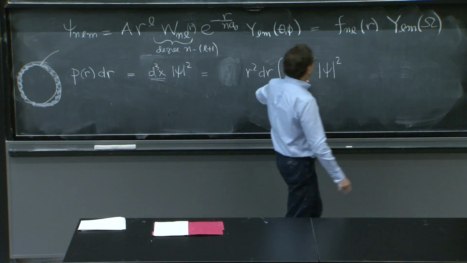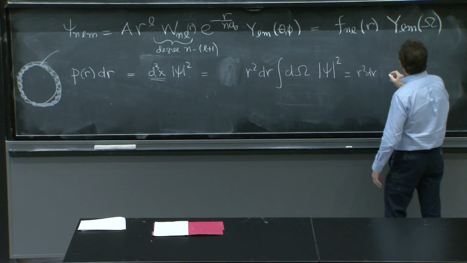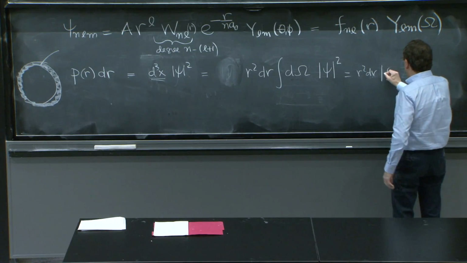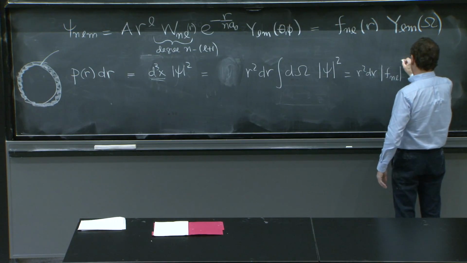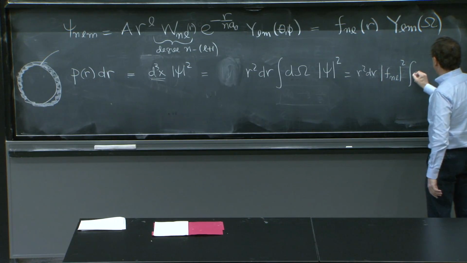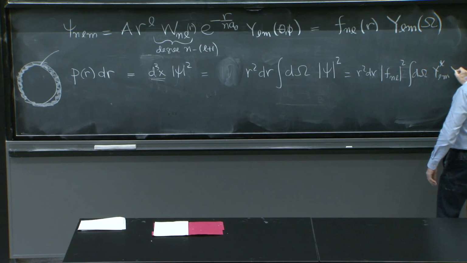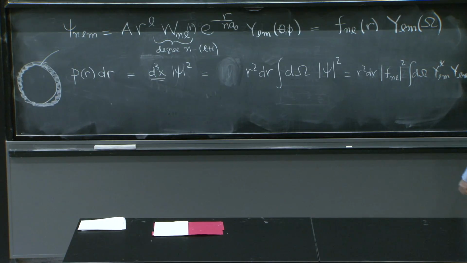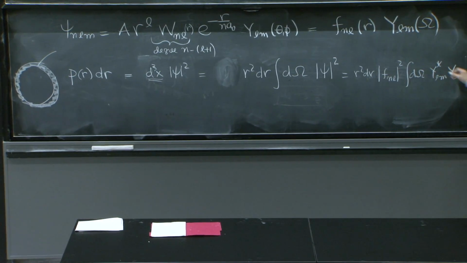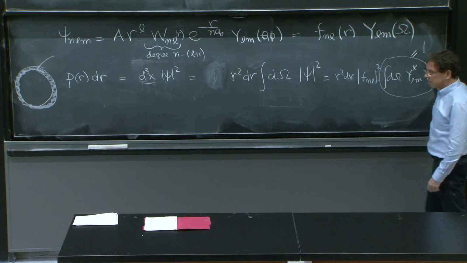So you have this, and you get then r squared dr f n l squared, and you have the integral d omega of this Y star l m Y l m. And that integral is exactly 1.